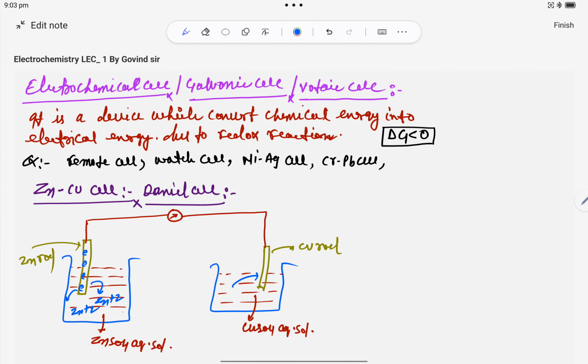Here Cu+2 ions are sticking on the rod. Then the positive charge density on the rod increases. So from here electrons start traveling in this direction, the blue line, and then the flow of current, that is your ammeter, started in the opposite direction of the electrons. That is the direction of current.